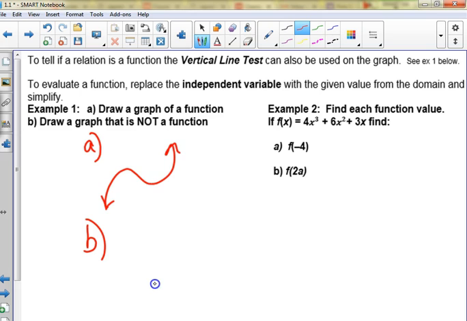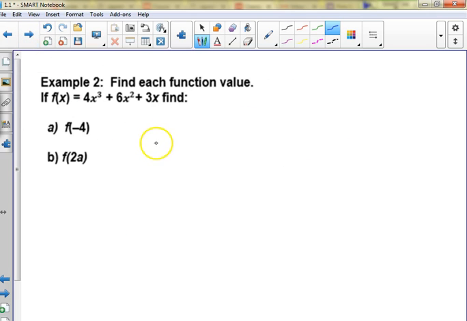Draw a graph that's not a function. Somebody said C, sideways parabola would work. A sideways absolute value would work. A circle would work. A vertical line would work.